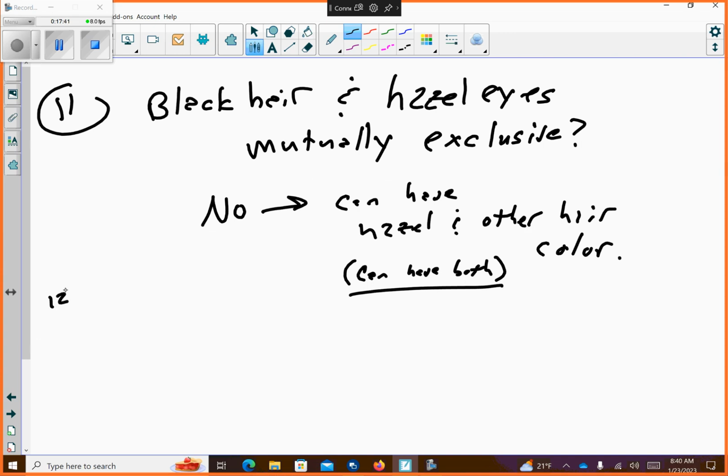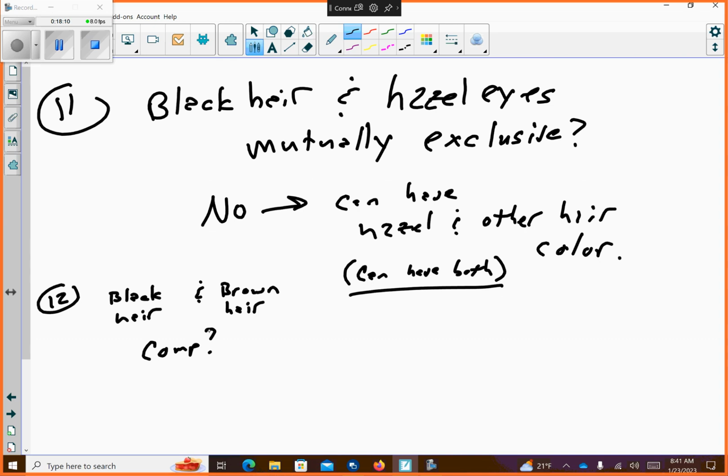Number 12. Are outcomes black hair and brown hair complementary? Black hair and brown hair, are they complementary? Okay.